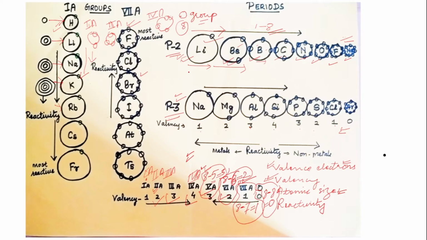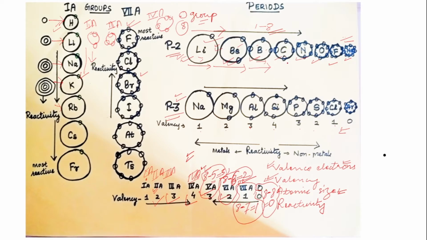Can you notice this? It is because, as the number of valence electrons increases in the outermost shell, nuclear charge increases. Electrons have negative charge and the nucleus has positive charge. As the negative charge increases in the outermost shell, positive charge increases in the nucleus. So it increases while moving from left to right.